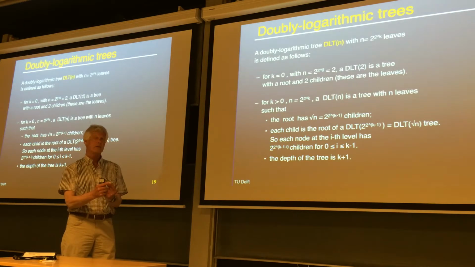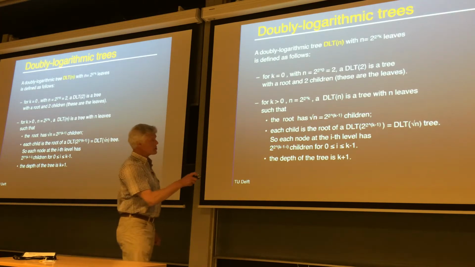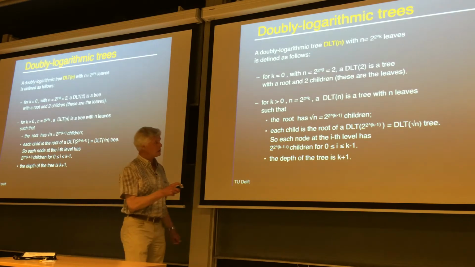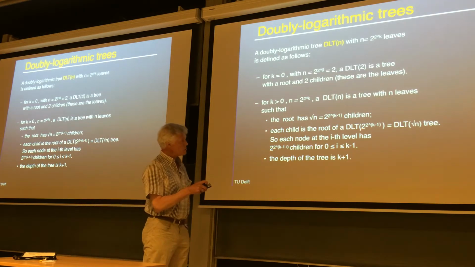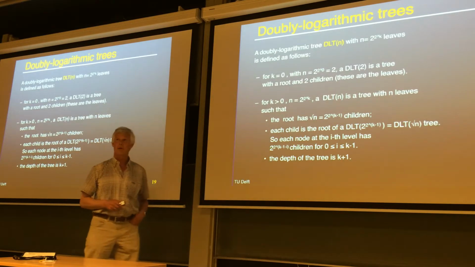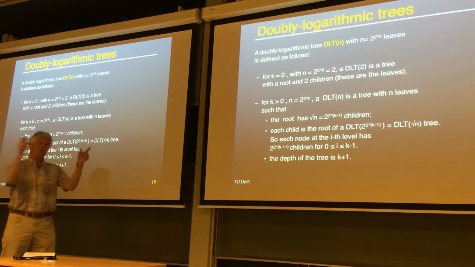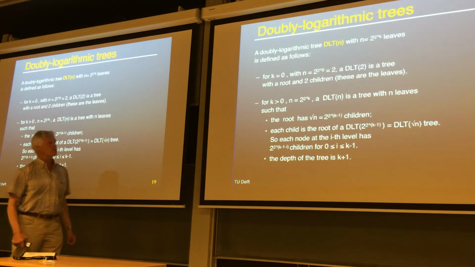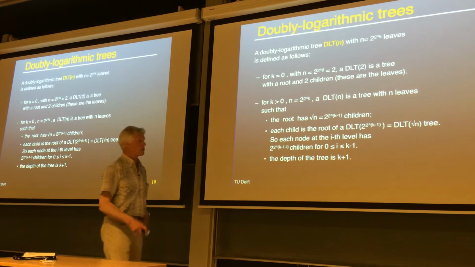You take the root and you form square root of n children. And these square root of n children are the roots of a DLT square root of n tree. Yeah? So you have square root of n children. Each of these children is the root of a DLT square root of n tree.